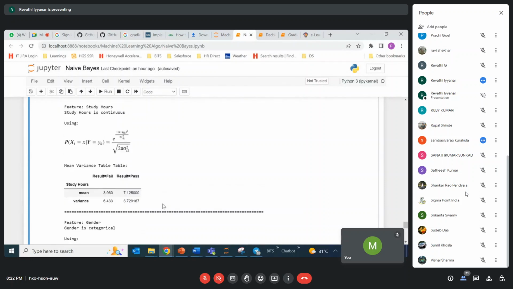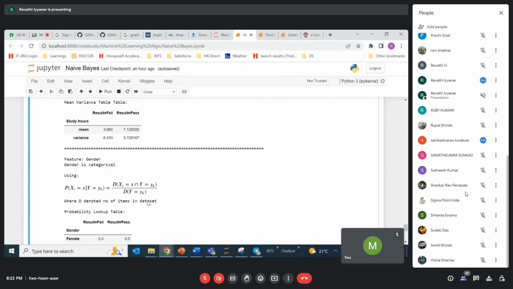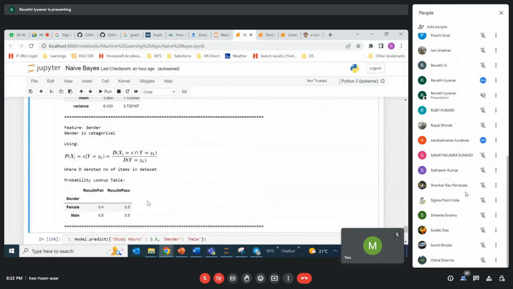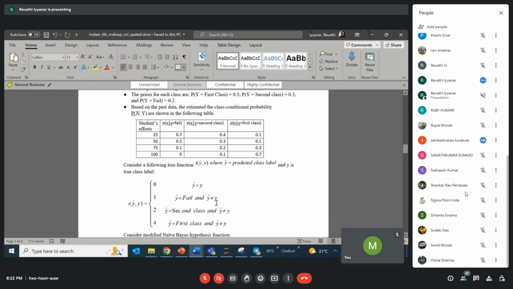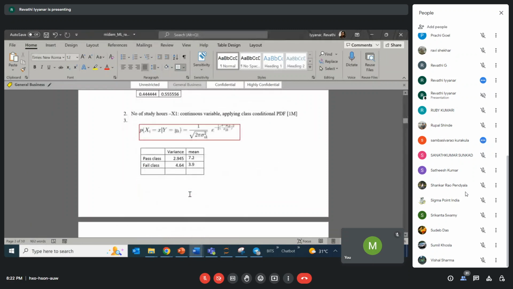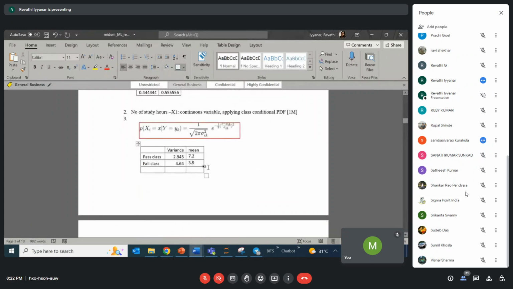The solution given by the faculty is completely incorrect. If you see the variance below, 6.4 and 3.7, the mean and variance are way different here. At least in the first column they are somewhat okay, but for the fail class it is completely different.